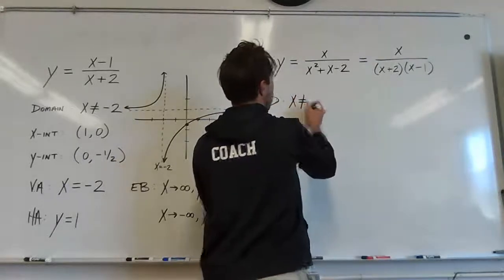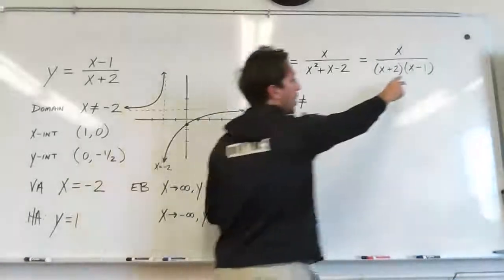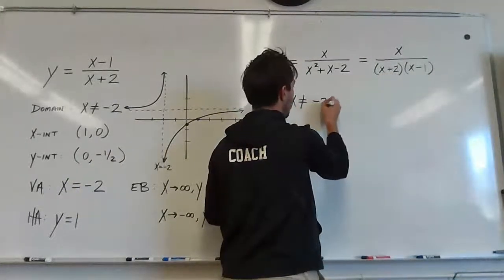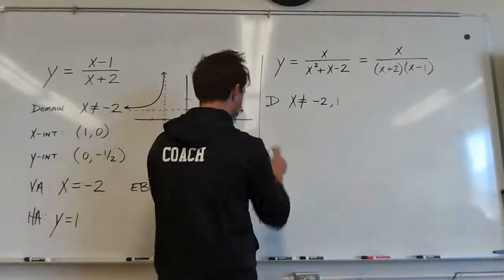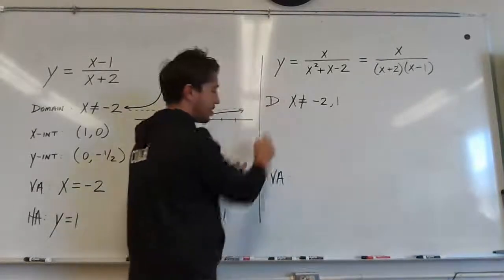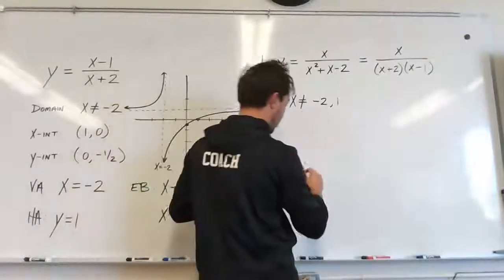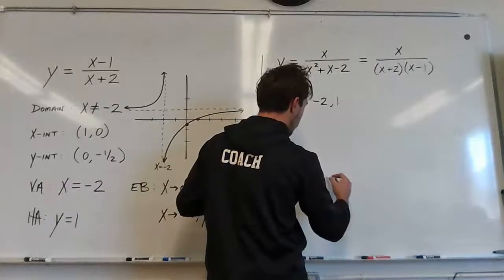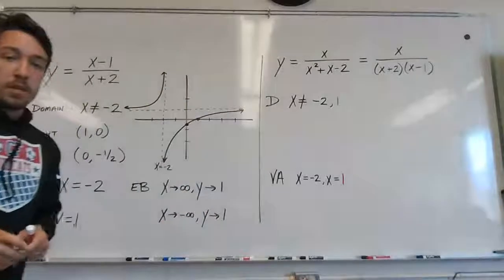Alrighty, so domain. X cannot be 1, and X cannot be negative 2, very good. And there's two forbidden values. Now those are going to directly translate into vertical asymptotes. So there's going to be a vertical asymptote of x equals negative 2, and a vertical asymptote of x equals 1.